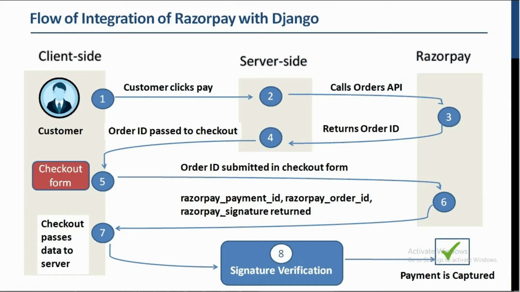That means it checks whether it is the correct Razorpay payment ID for the order or not. That is the process known as payment signature verification. And if the payment is successful, then in the next step Razorpay captures the payment transaction.